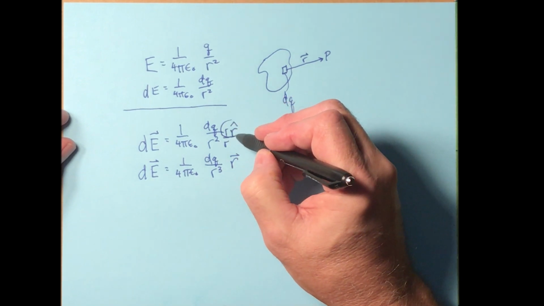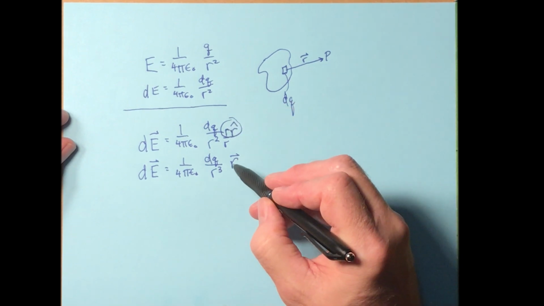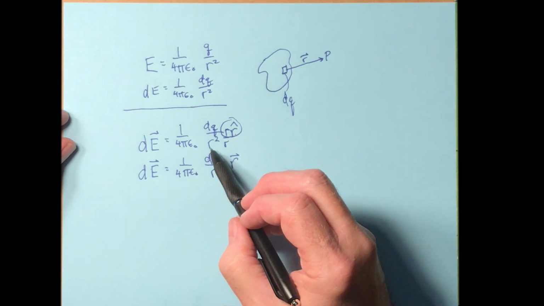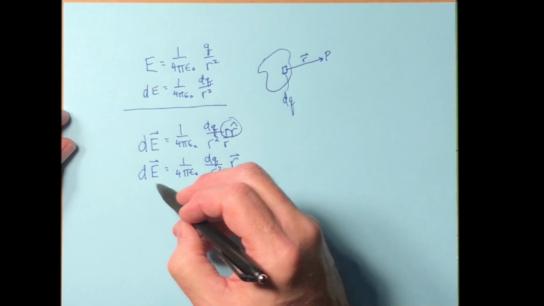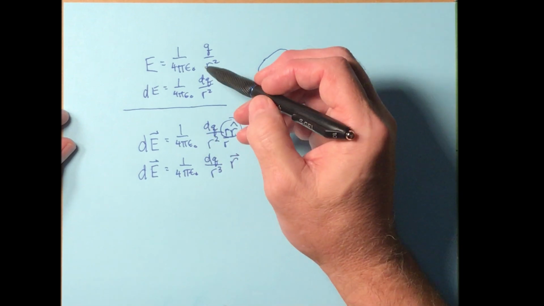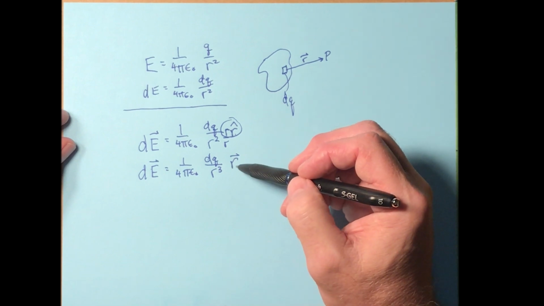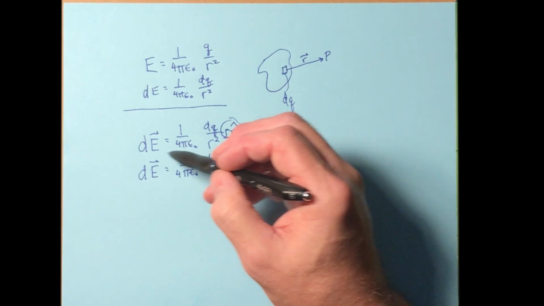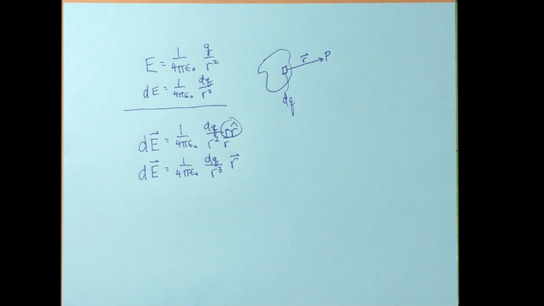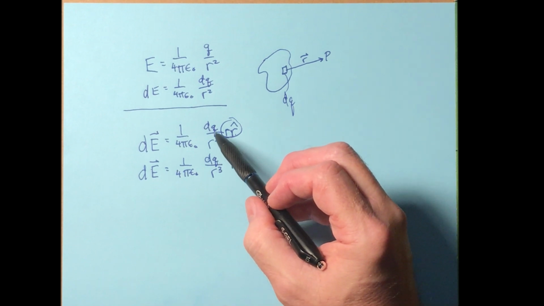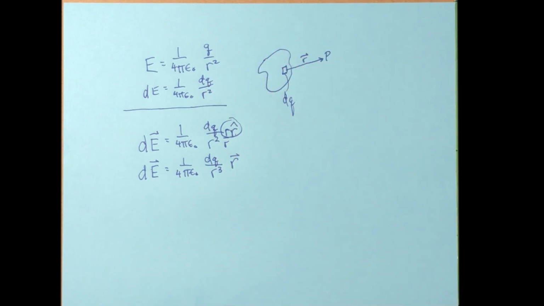So what we have right here becomes this vector r, the magnitude multiplied by the direction. Then down here on bottom, we end up with r cubed. So this is just another way to write what you already know, the electric field due to a point charge here. And it includes now directional information. So you see there's an r cubed on bottom, but it cancels, so this is still an inverse square law, just like we've always known before. If we treat r as a vector then.